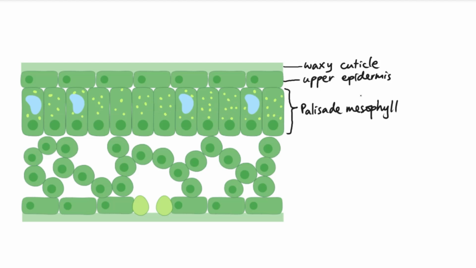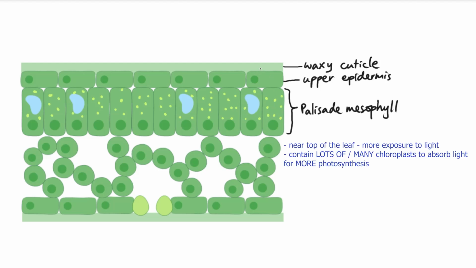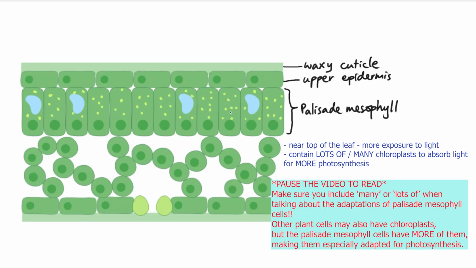So the main function of the palisade mesophyll tissue is to do photosynthesis. So they are regularly packed. They're found near the top of the leaf, so they have access to sunlight or light quite easily, and they've got lots and lots of chloroplasts, with chlorophyll, to absorb the light for photosynthesis to make glucose, which is the main food for respiration.